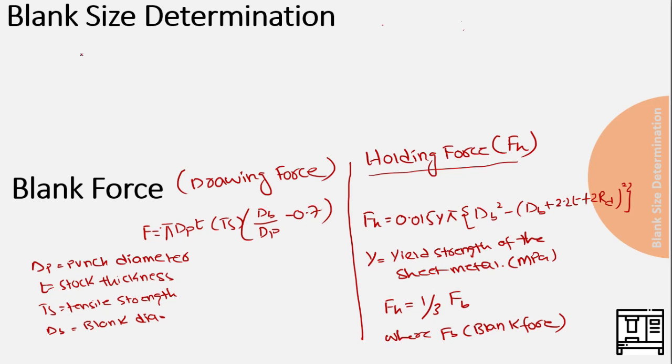So the initial blank volume is equal to the final volume. This is a simple method to calculate the size of the blank. Then the blank diameter can be calculated by setting this equal and solving for the diameter DB to facilitate the calculation.